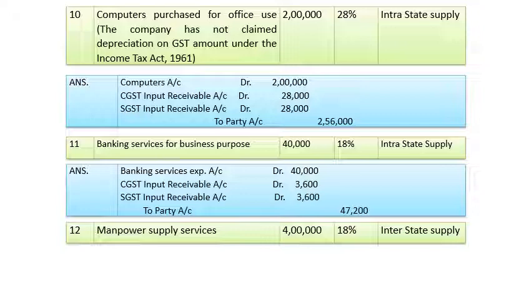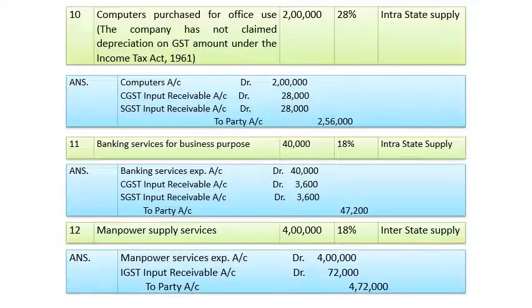But if the wording is like banking service for personal purpose, in that situation the entry will be banking service expense account debit or personal account debit to party account.